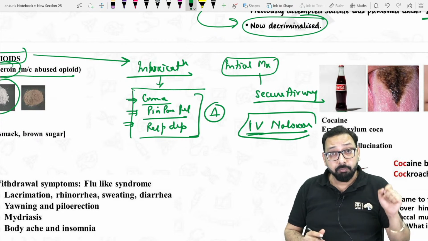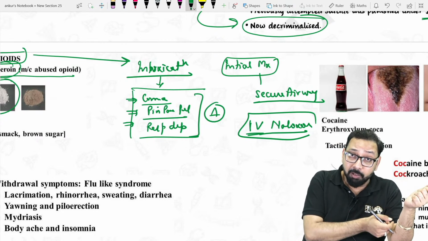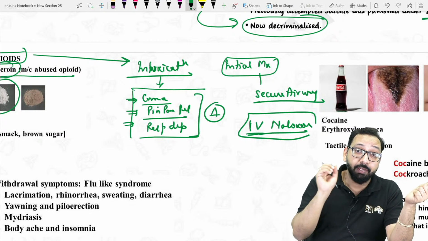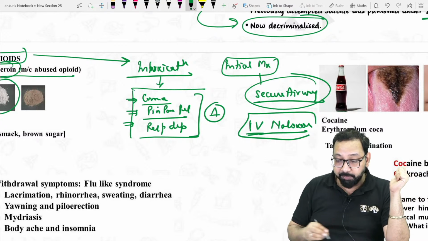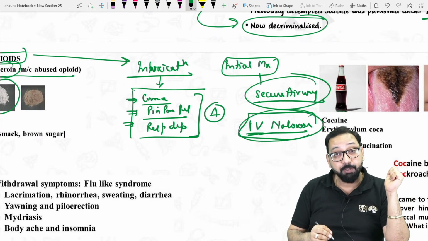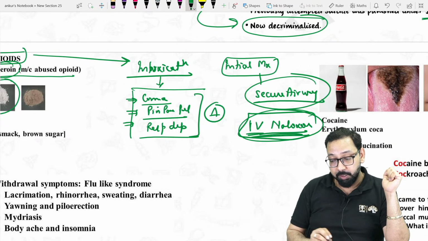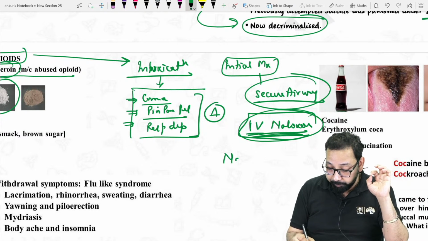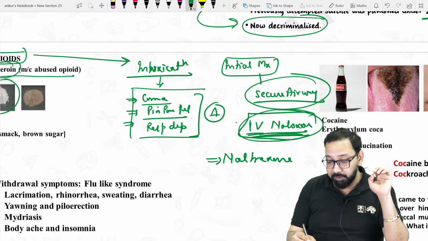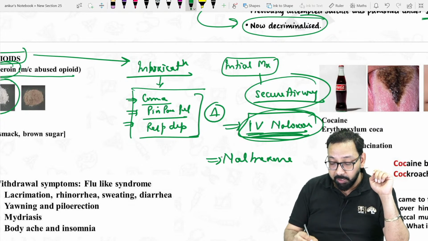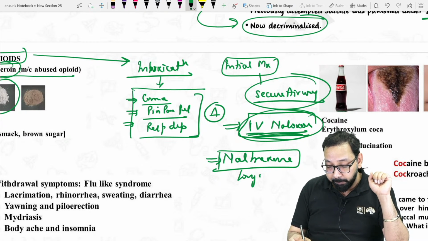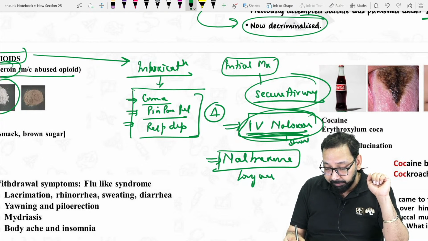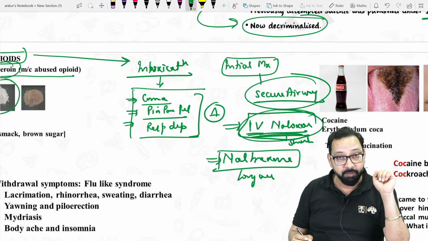If you are giving IV naloxone, meanwhile you will secure airway. Treatment of choice is IV naloxone. Naltrexone is also an opioid antagonist, but naltrexone is not given. This is long acting, this is short acting. So naloxone is given.